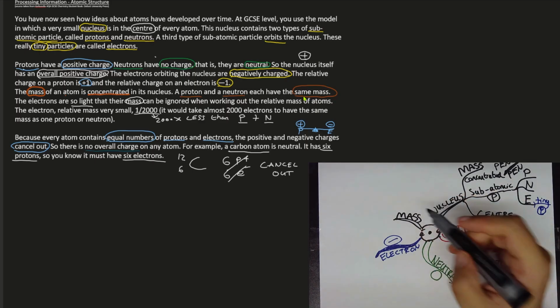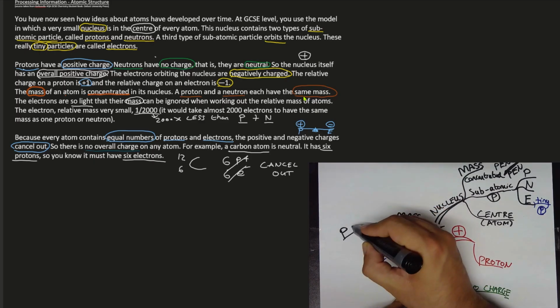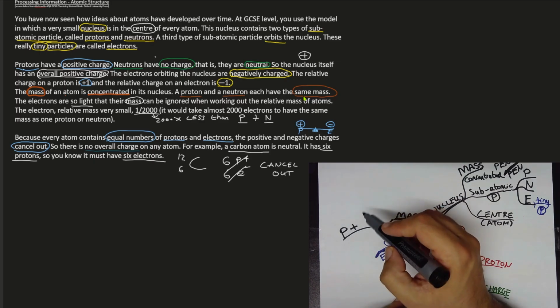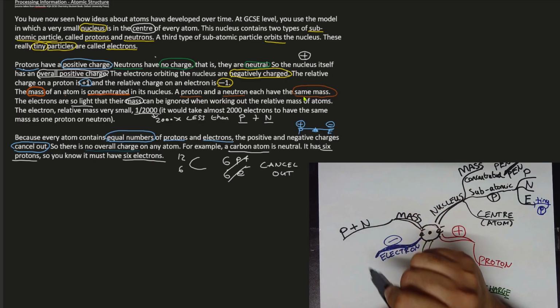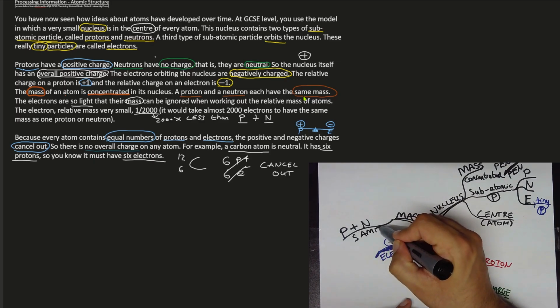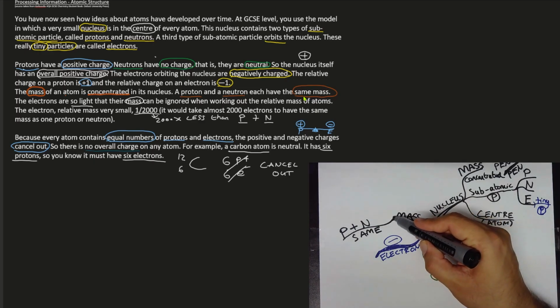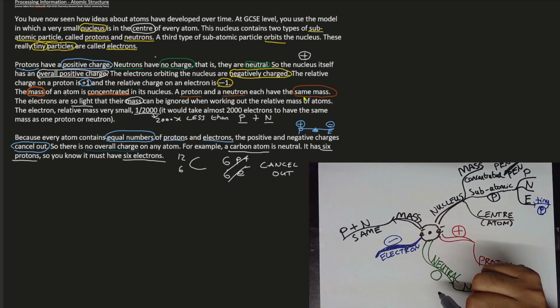Okay, and we're saying that the protons and the neutrons are the same mass. If you compare that to the electrons, which is on the next line, it's saying over here they're so light their mass can be ignored because they have a mass of 2,000 times less than the protons and the neutrons.